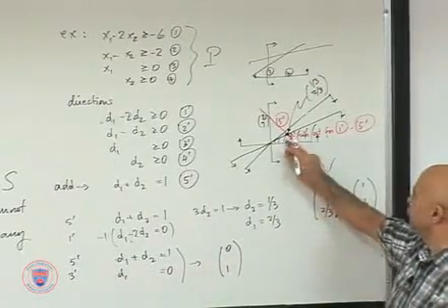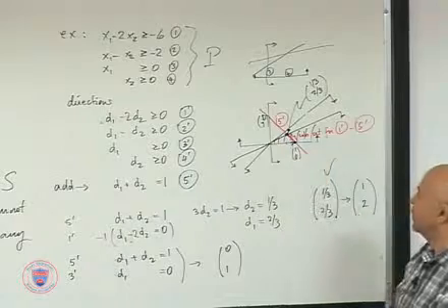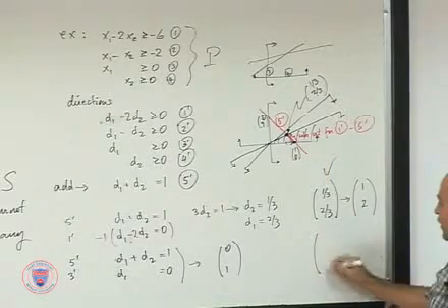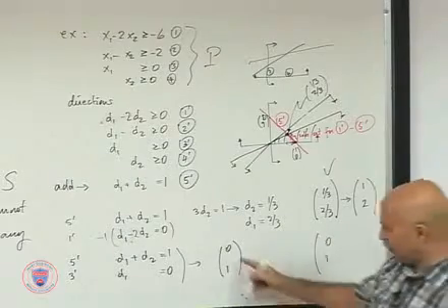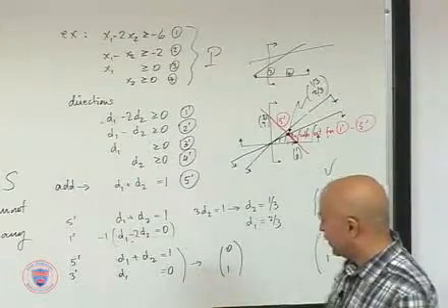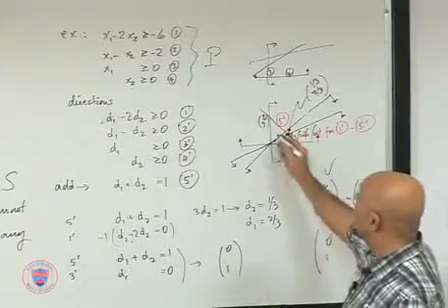So that's 0, 1. Or 1, 0, sorry, 1, 0. Second direction. No. 0, 1 or 1, 0? Well, that's not a direction, though.